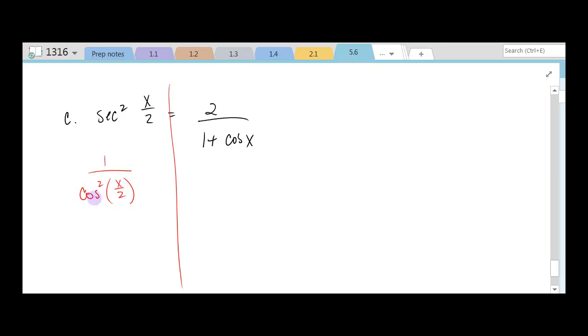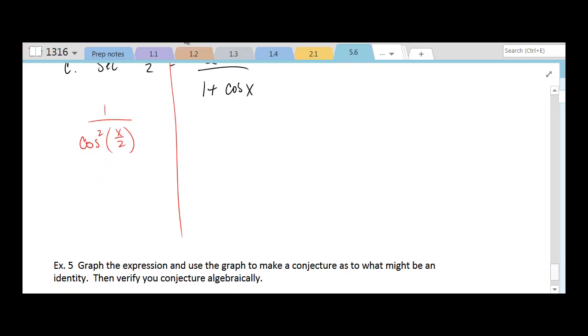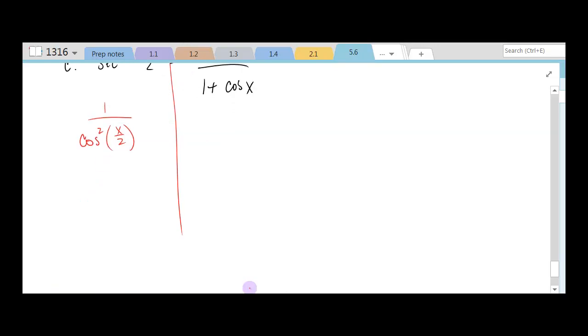Now I can rewrite the denominator using the half angle identity. Remember, the half angle identity for cosine is 1 plus the cosine of x divided by 2, but we have to square it, which is good because it's going to get rid of our radical for us.